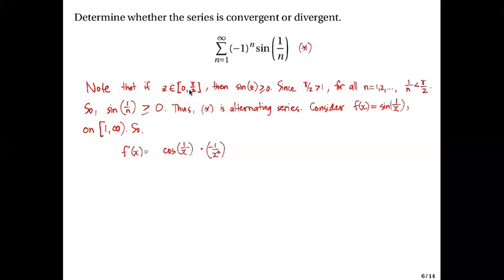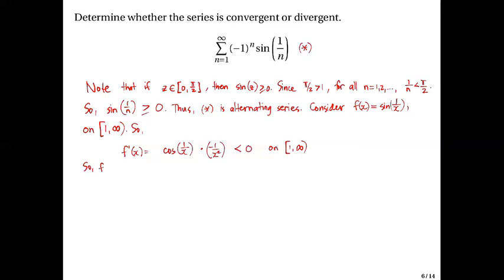Just like in this explanation, cosine of 1 over x is greater than or equal to 0 on this interval. But you have the negative of 1 over x squared. So this is less than 0 on the interval 1 to plus infinity. Therefore, f is decreasing.